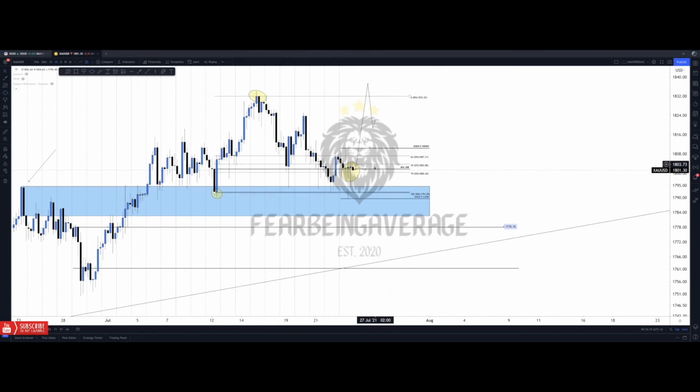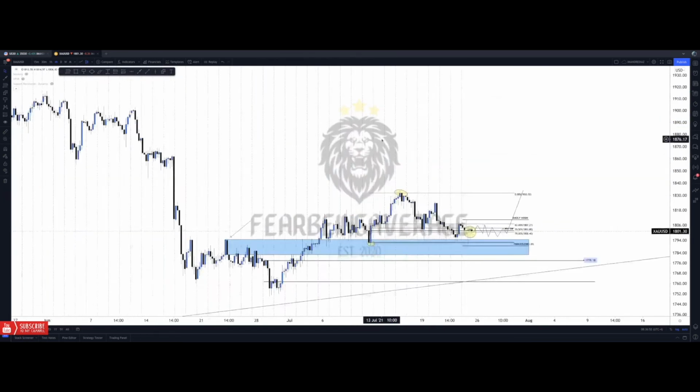So now we have a lot of confirmations for price to potentially range a little bit, do a fake out to the bottom before really taking off. Let me make this look a little bit neater, something like that, before price potentially taking off.